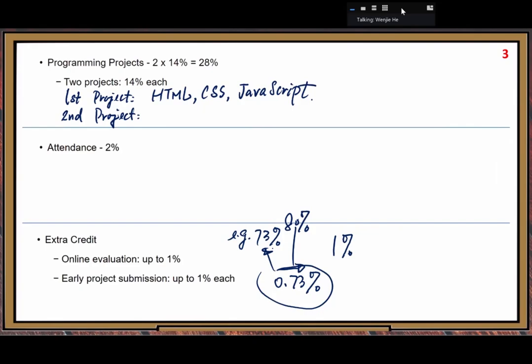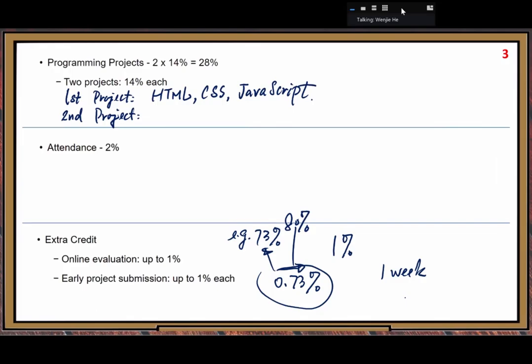So that's the policy. And early project submission, up to 1% each. I plan to run it this way: 1 week earlier, I encourage you to work on the project as early as possible to earn extra credit. If many students delay until very close to the deadline, then to do that programming project, you need to do a lot of work.